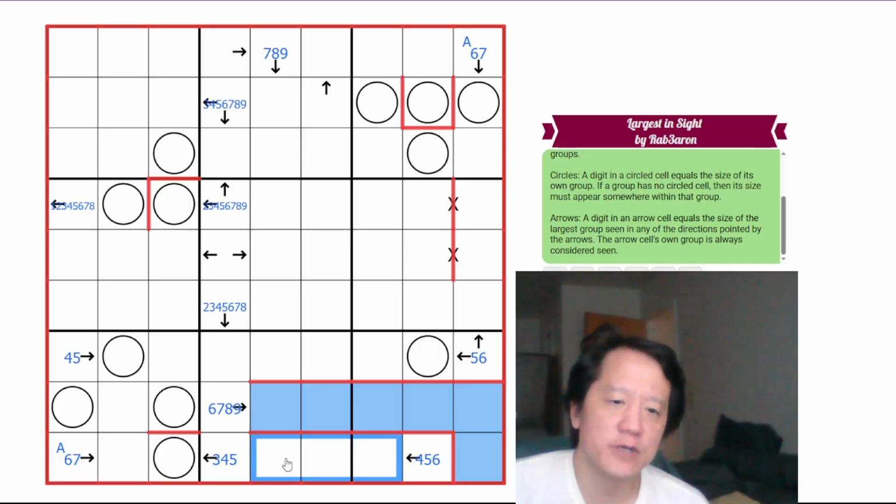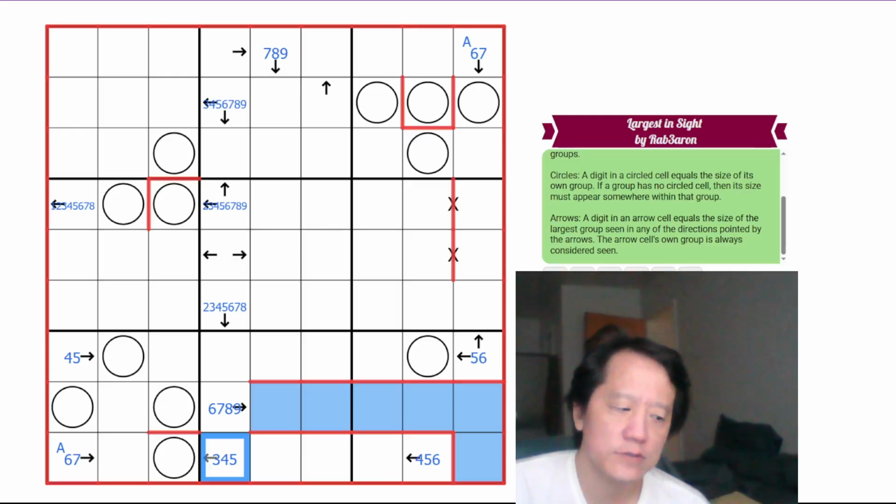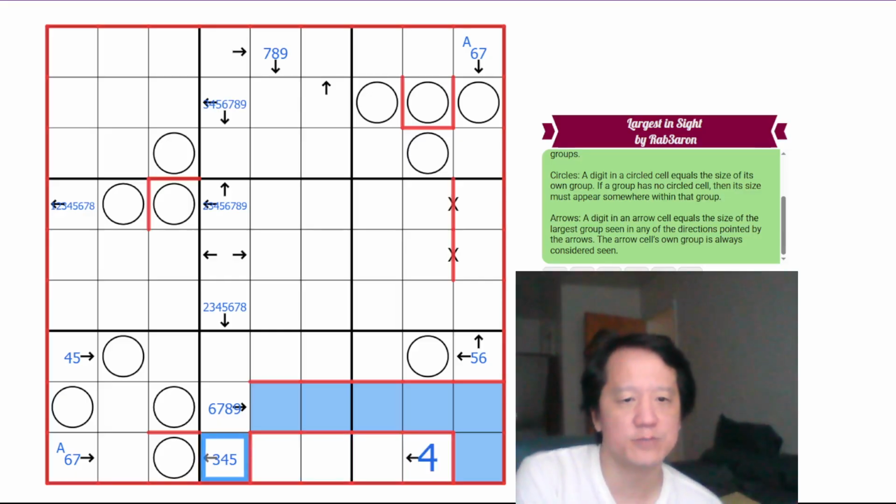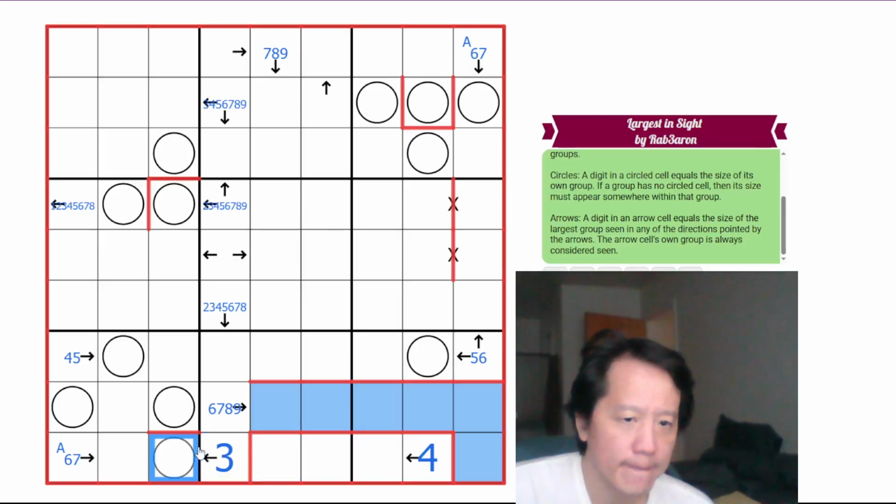This sees something in one of these cells, which is larger than this. So that means it has to be its own region, because it can't. So then this is size 4. So this must see size 4, and this must see size 3. And it could include here.